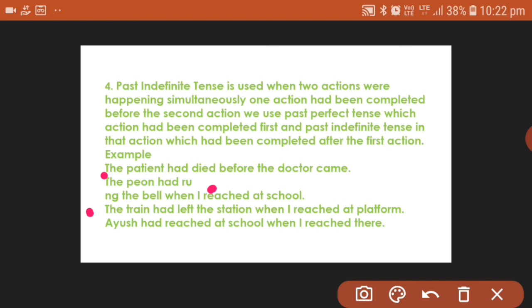It means before reaching school, the bell had rung. It means which action was completed first? To ring the bell. And which action happened secondly? To reach school. So we can use reached here.